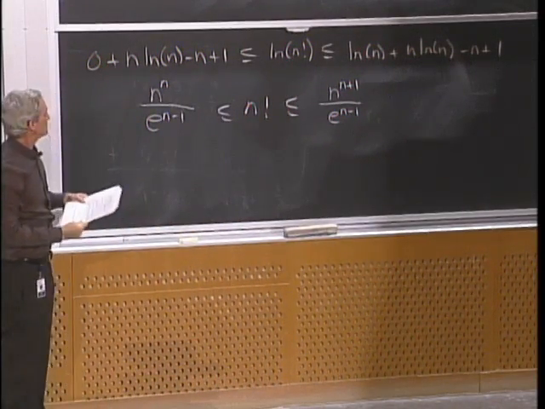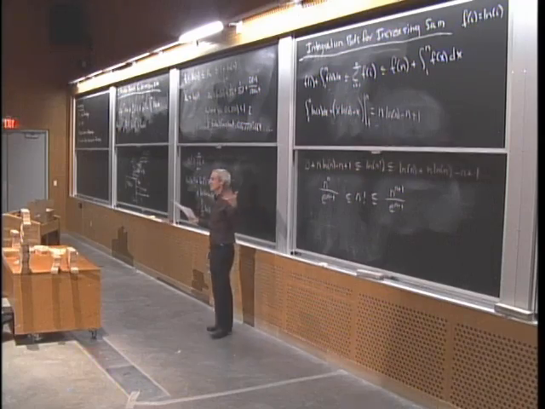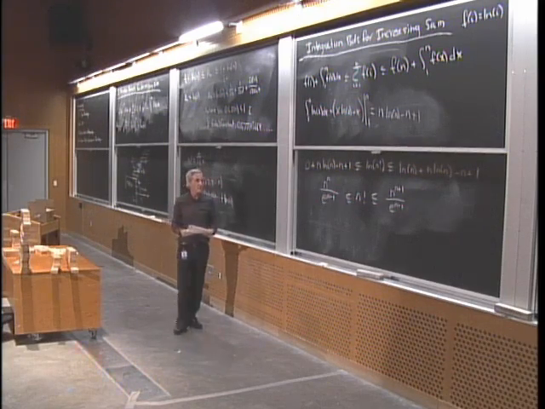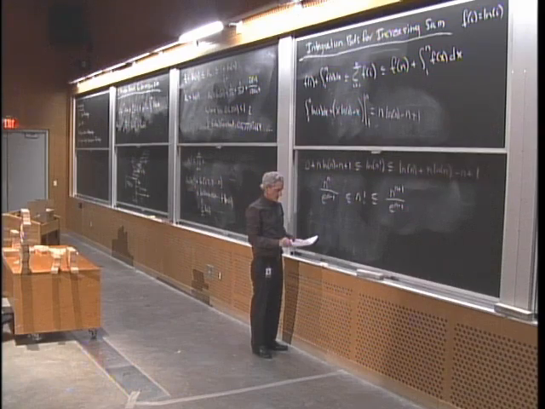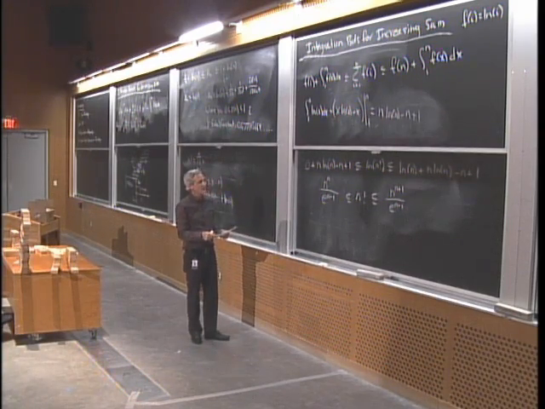So we got very close bounds. They're within a factor of n, which sounds like a lot, but compared to how big n factorial is, not so bad. Pretty good bounds there. Okay. So n factorial is about n over e to the nth power.